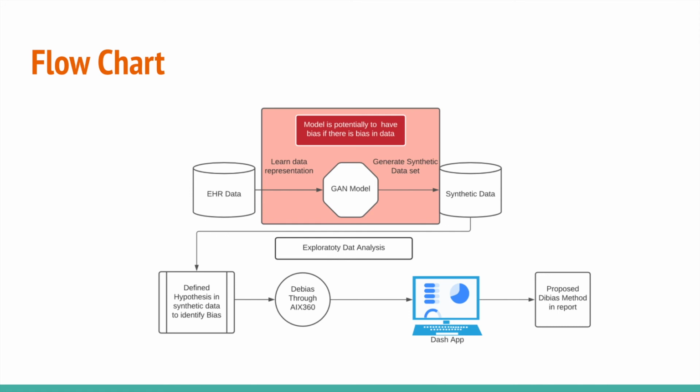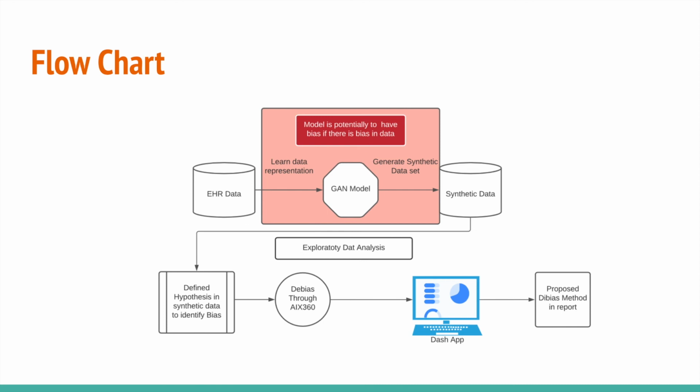Our hypothesis is that if there is bias in the data, then our model may have bias in generating this kind of synthetic data. Therefore, we're going to define some hypotheses in our synthetic data to identify it. For example, we want to look at whether this dataset is more biased toward different genders or different races.